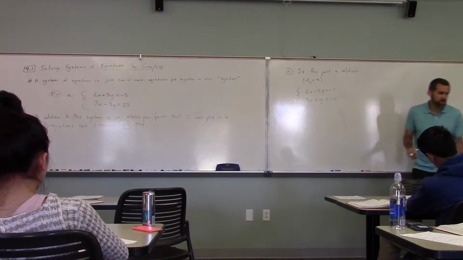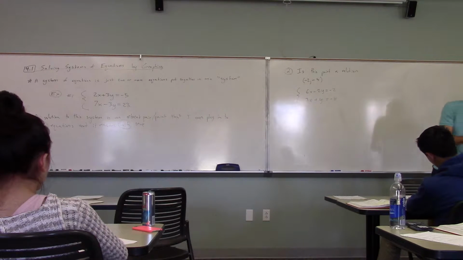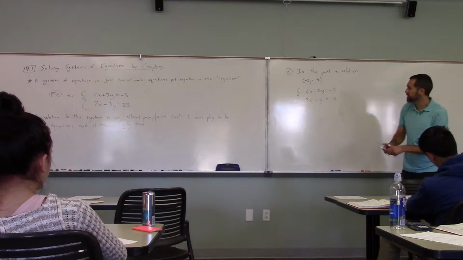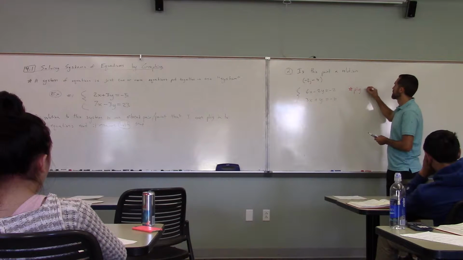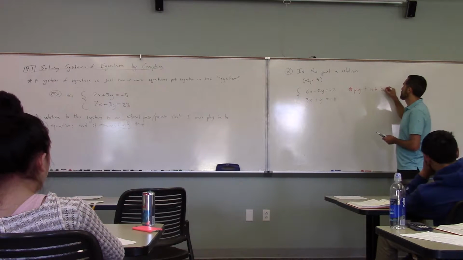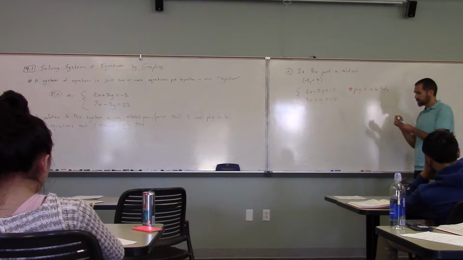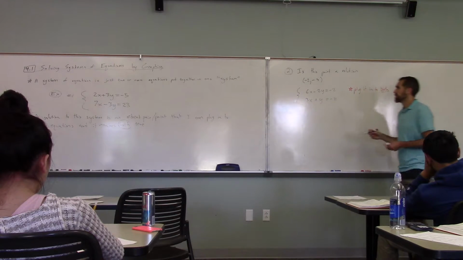So, is it a solution? Real simple, straightforward directions. Plug it in to both. That's it. If you want to know if it's a solution, you plug it into both.